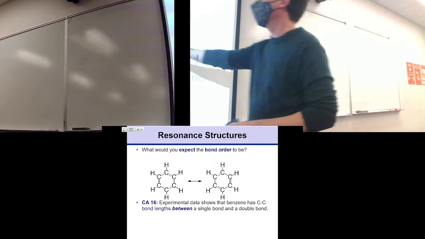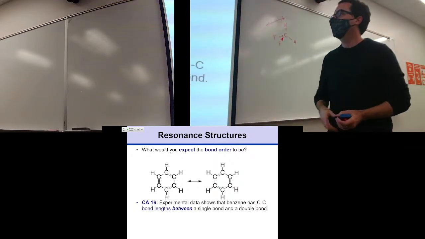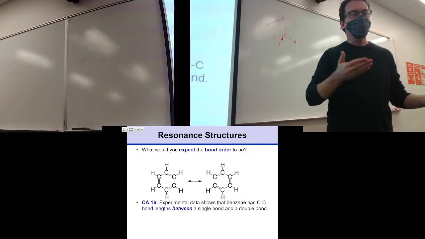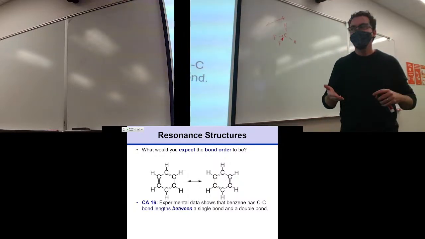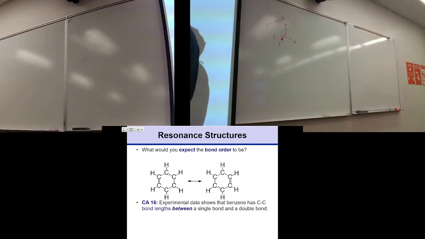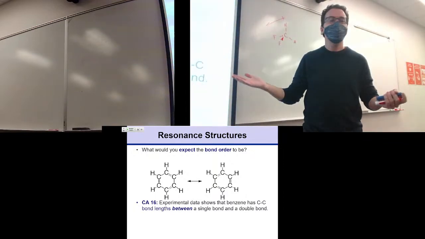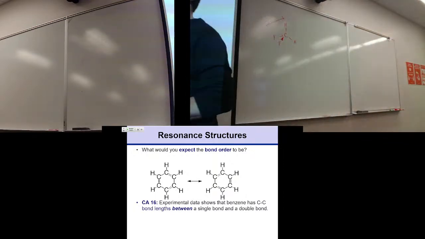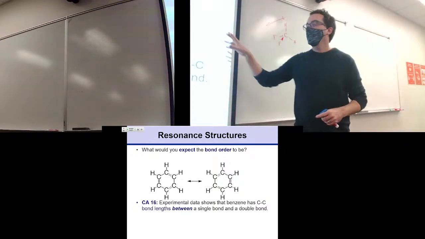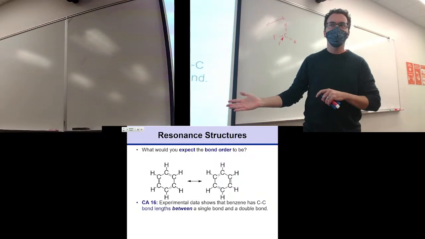If you measure the bond lengths of the carbon-carbon bonds, we know that single bonds are longer than double bonds. So if one of these was correct, we would see short, long, short, long, short, long, and so forth. But we don't see that pattern. Instead, every carbon-carbon bond is the same length, and that bond length is somewhere between a single bond and a double bond.